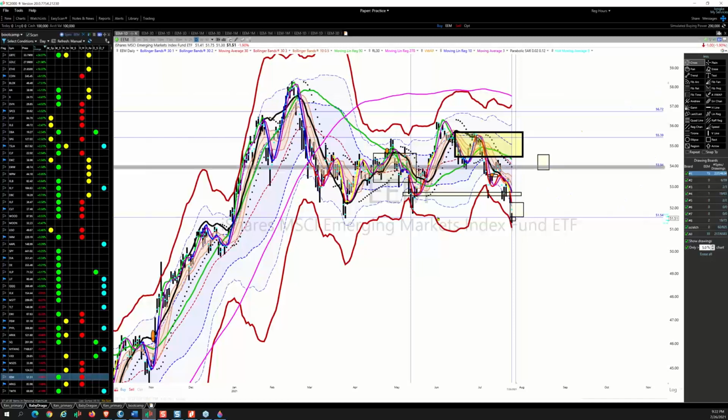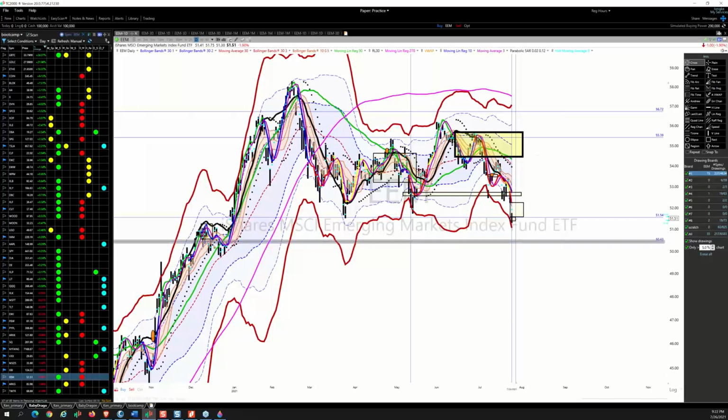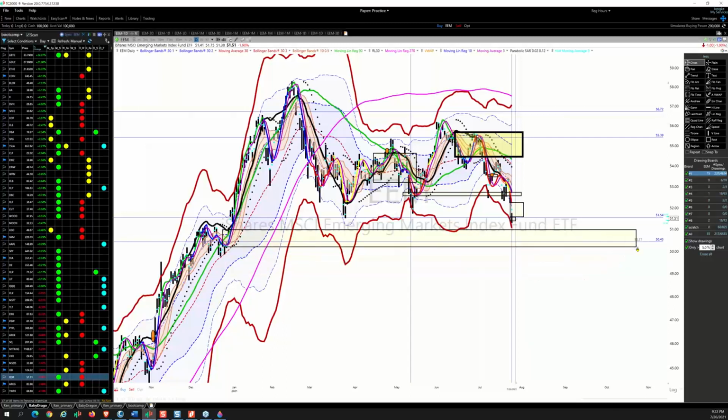Well, the next one it's going to go to is way over here. This entire cluster, I'm going to draw that box between the PSAR flips, all right? And I'm going to say that that's the range that it could get into right in here.